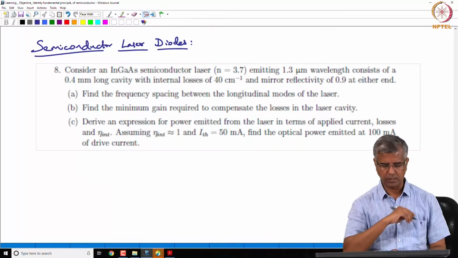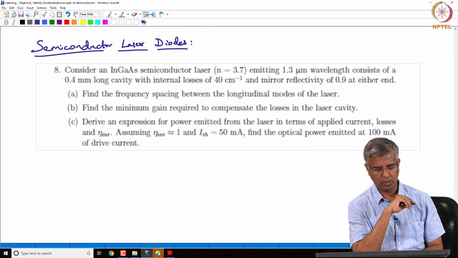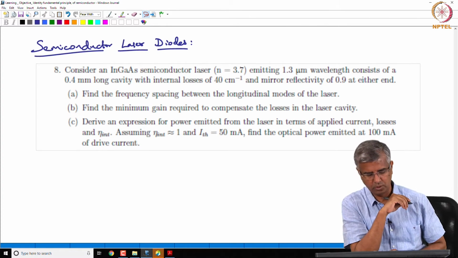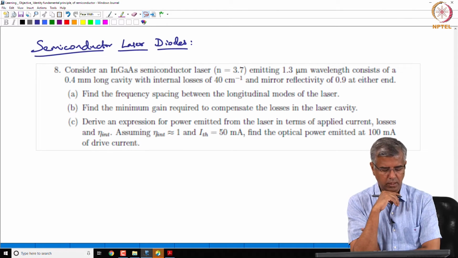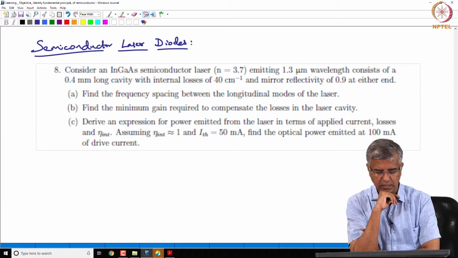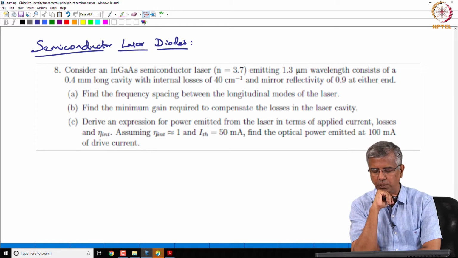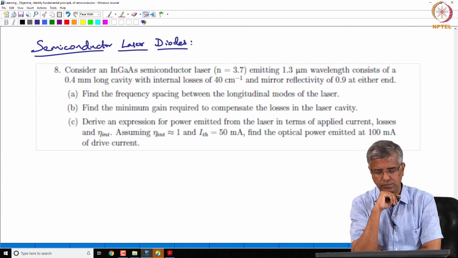So, what we will do today is consider some of the characteristics of semiconductor lasers, and to help our discussion I just picked one of the problems that we have in the present tutorial. This is asking you to consider an indium gallium arsenide semiconductor laser. The material refractive index is 3.7, and it is emitting at 1.3 micron wavelength.